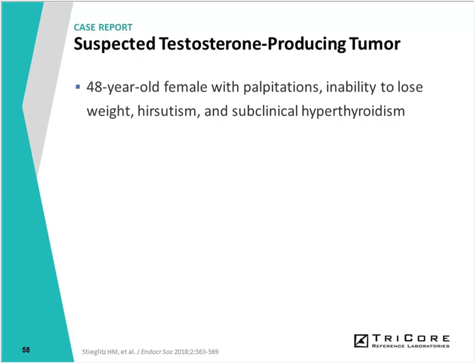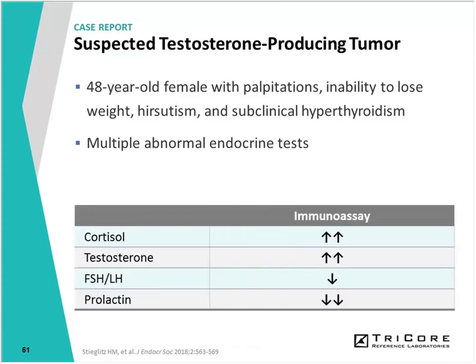In another case, a 48-year-old female with hirsutism and subclinical hyperthyroidism had multiple abnormal endocrine tests, here shown in the table. Notably, cortisol and testosterone, which were both measured by competitive immunoassay, were quite elevated, whereas FSH, LH, and prolactin, measured by a non-competitive sandwich immunoassay, were all decreased.